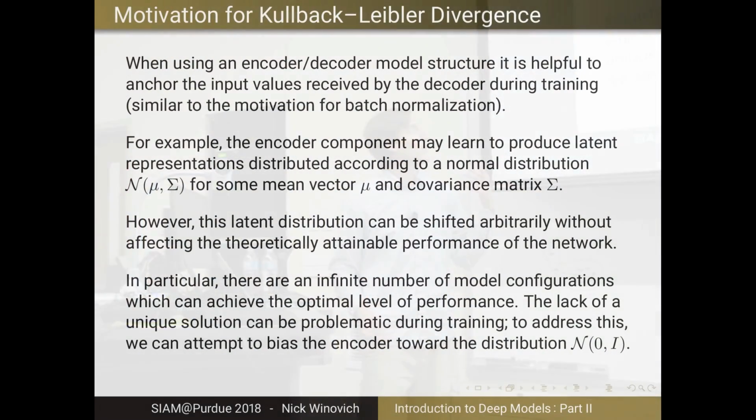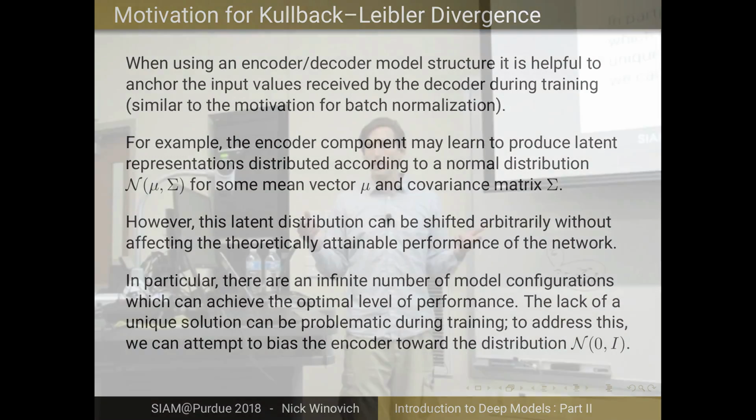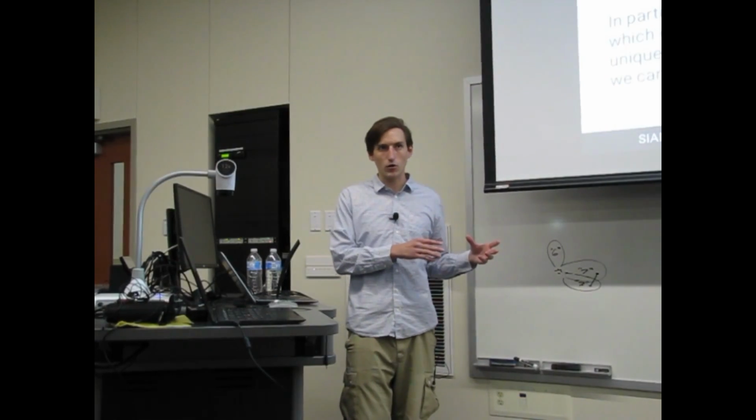But the mean and the covariance matrix can be quite arbitrary, and in particular, from a theoretical standpoint, there's no difference in the case where you center your distribution around 0, for instance, or around some value like 10, 0, 0. It doesn't matter where the center of this distribution is.